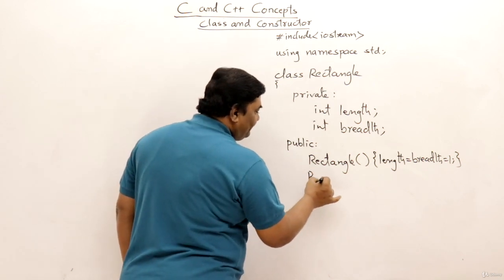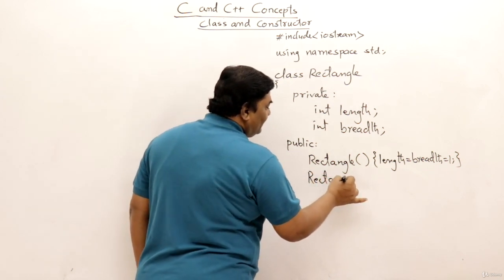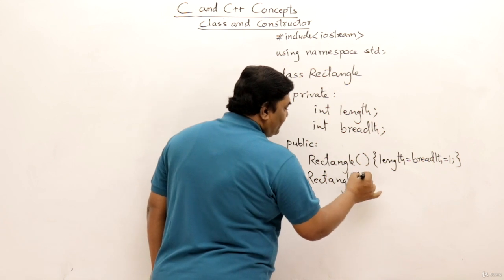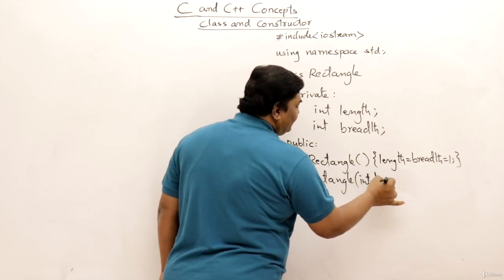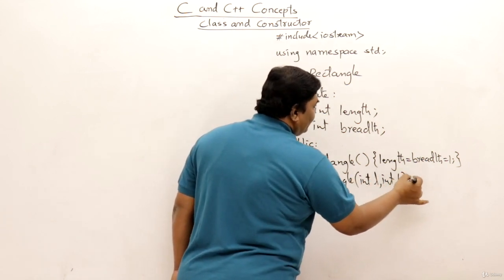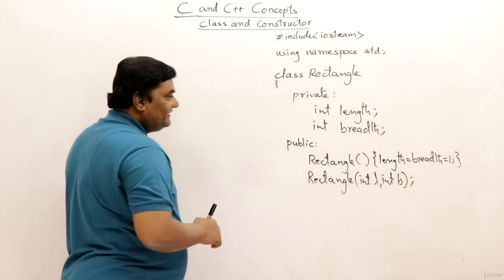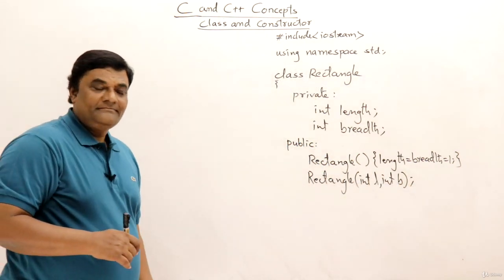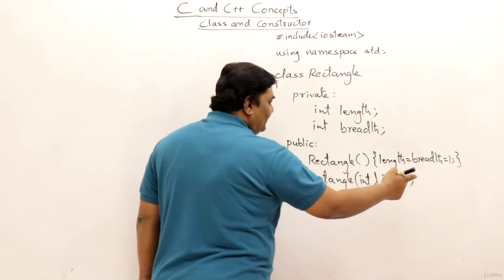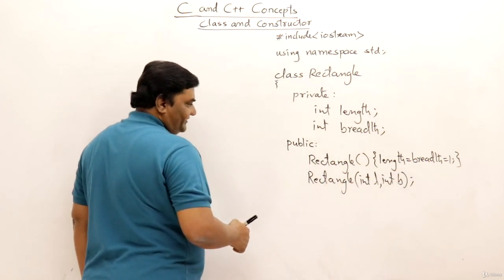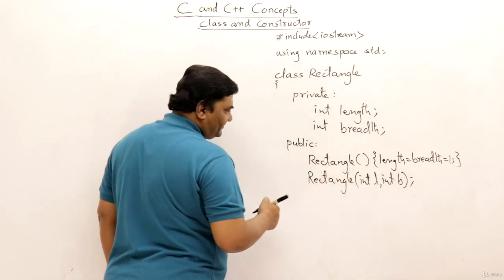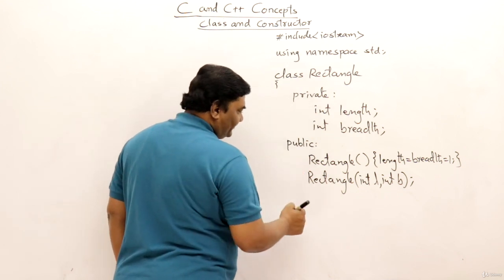Then next I will write a parameterized constructor. This will be called constructor overloading. This takes length and also breadth. This I will be defining outside using the scope resolution operator. So this is just a prototype or signature of a function, the header of a function. So this is a constructor member function.